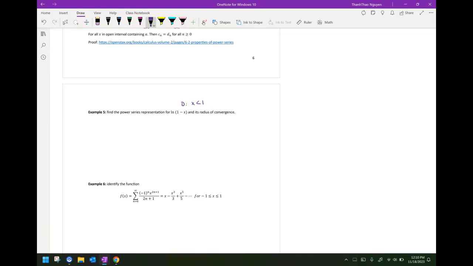Except at x equal to 1, the derivative of the function is 1 over 1 minus x.